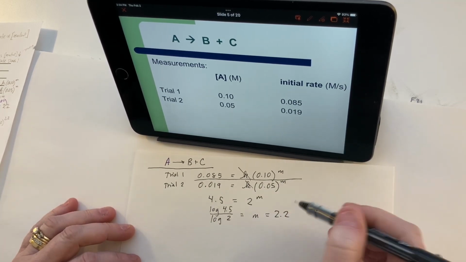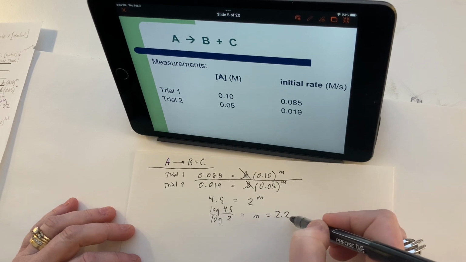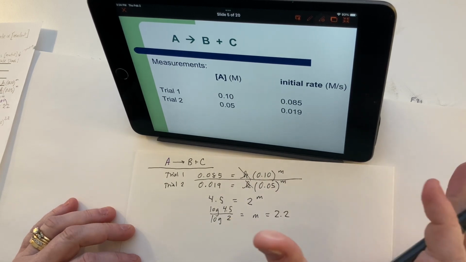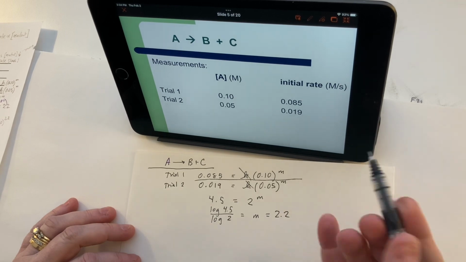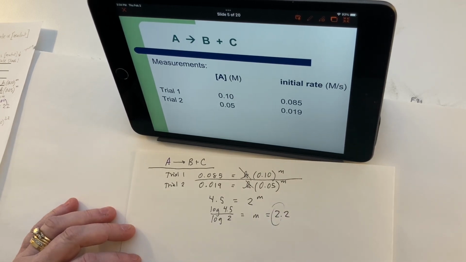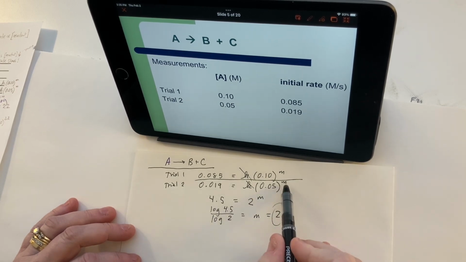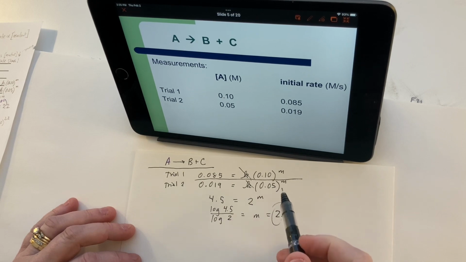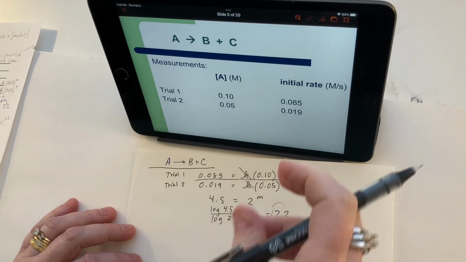It'd be nice to have more trials, but that's more realistic. So the 0.2 is a little indication of some error. But we'd say, hey, if we're looking for an integer, it would be second order. And then if we wanted to find K values, we could put in the second order and solve for K. All right, so next video, we'll do a bit more.